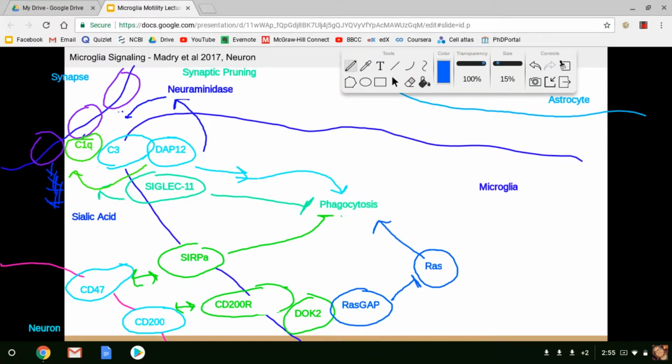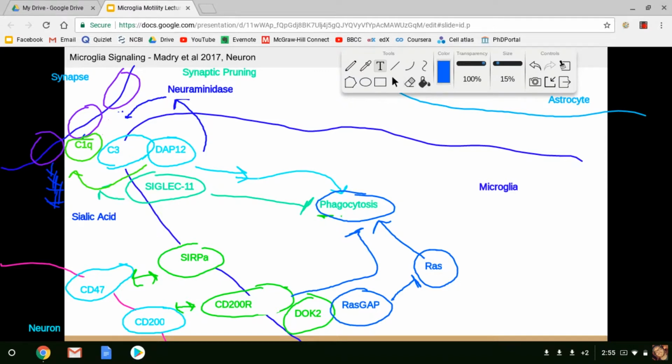RAS normally activates phagocytosis and inflammatory conditions in general. But since RAS GAP is inhibiting RAS, we don't see activation of phagocytosis. So through that mechanism, CD200 inhibits phagocytosis because it's inhibiting RAS.